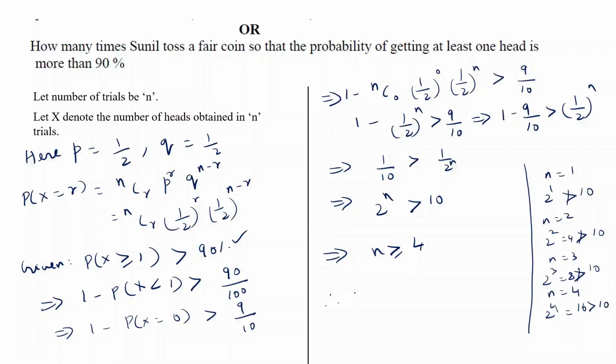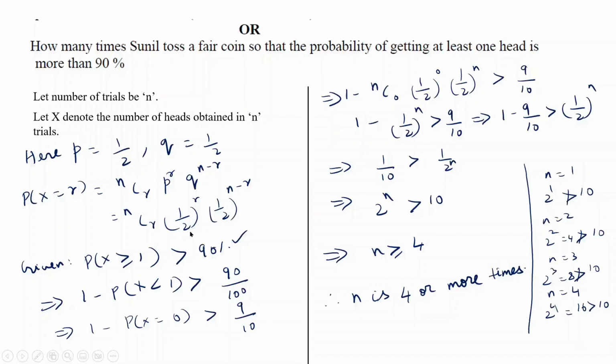So if he tosses the coin 4 or more times, the probability of getting at least one head is more than 90%. Therefore, n is 4 or more. So this is the answer.